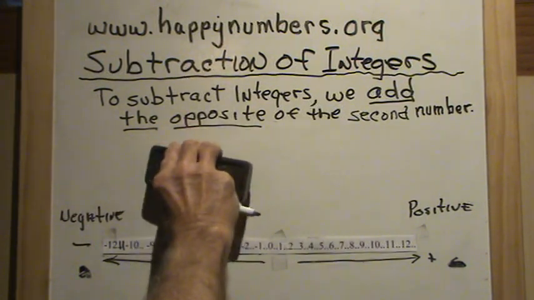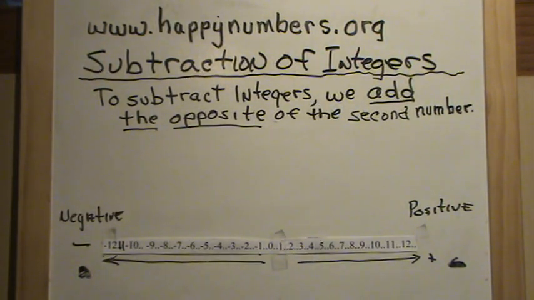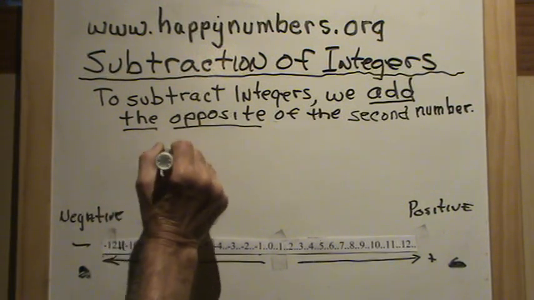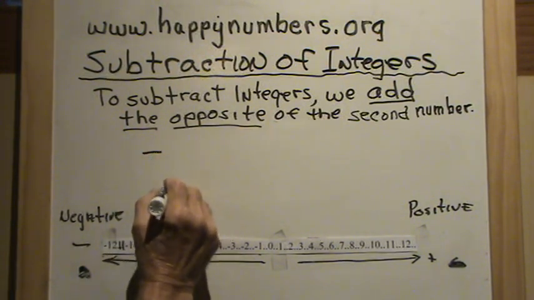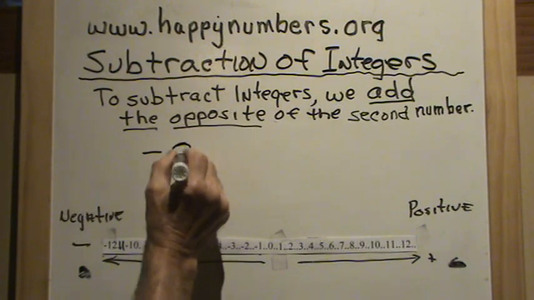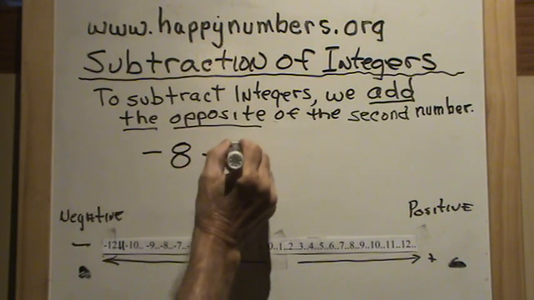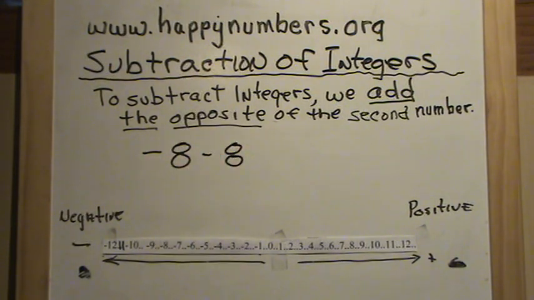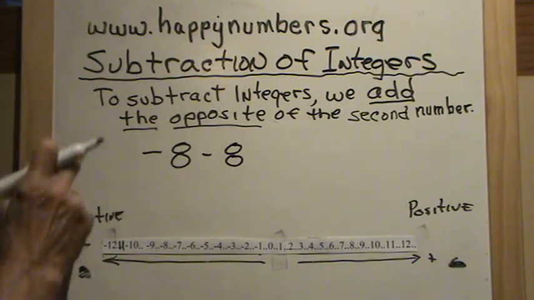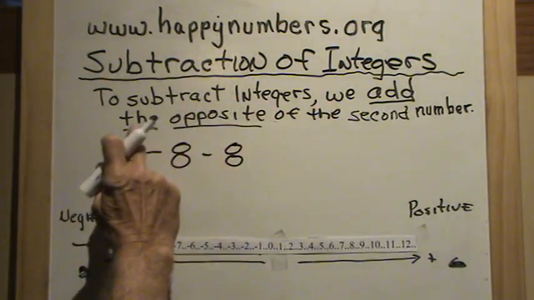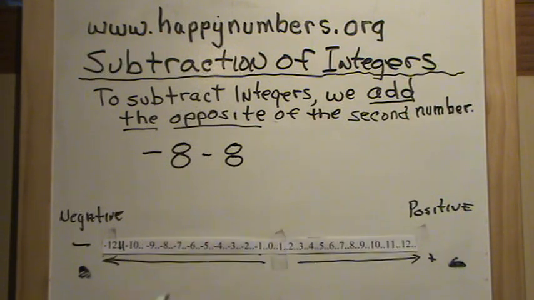Okay, another problem here. Let's take negative 8 minus 8. Well, to subtract integers, we add the opposite of the second number.